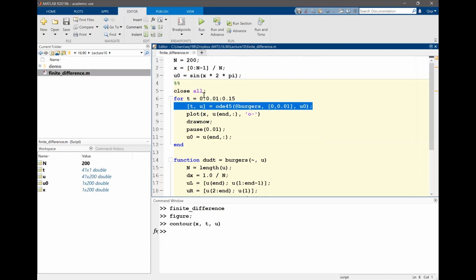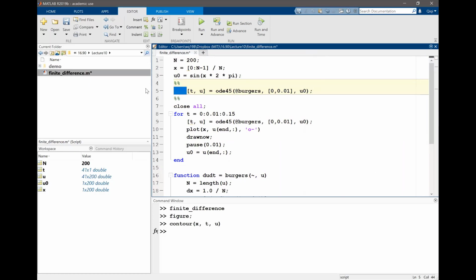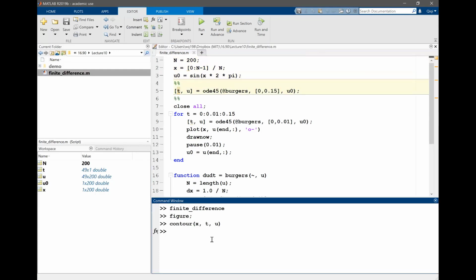So instead of doing this fancy animation, let's just take t and u equal to time integrating the Burgers equation for the entire 0.15 seconds. So let's run the section for the initial condition and run the section for solving the whole time, and make a figure to show the contour.